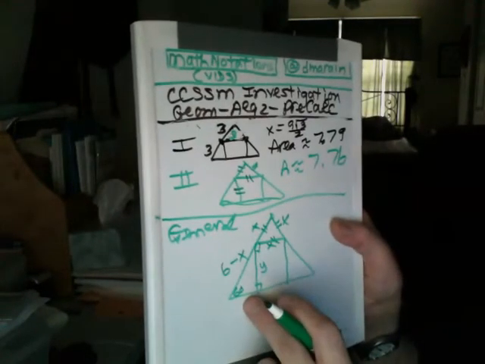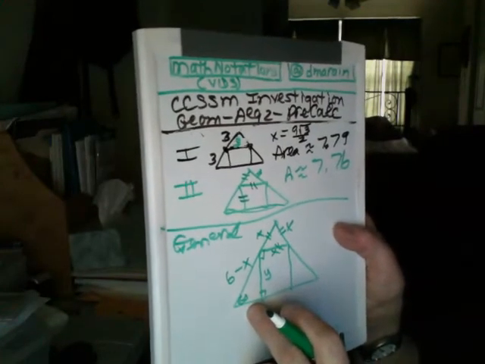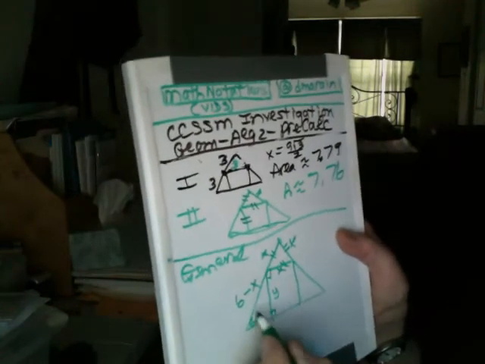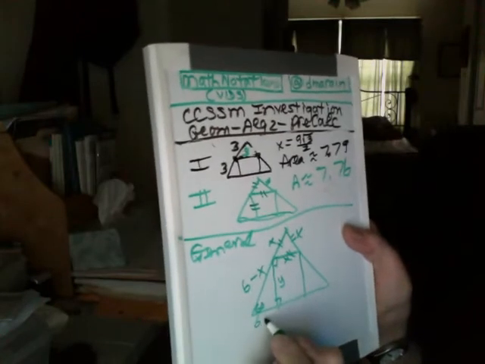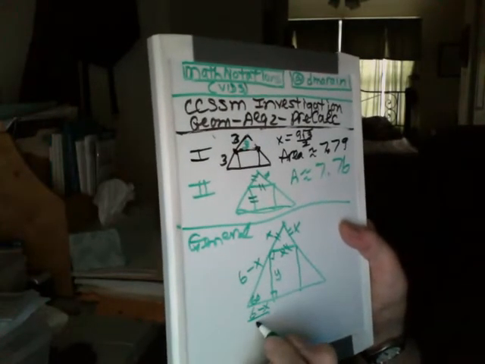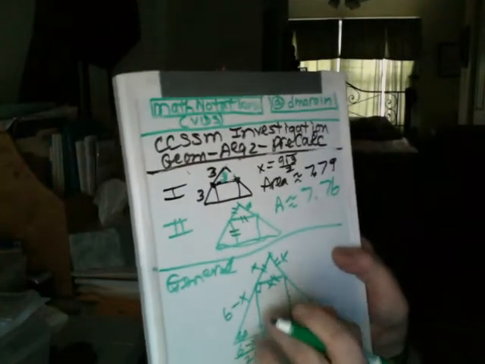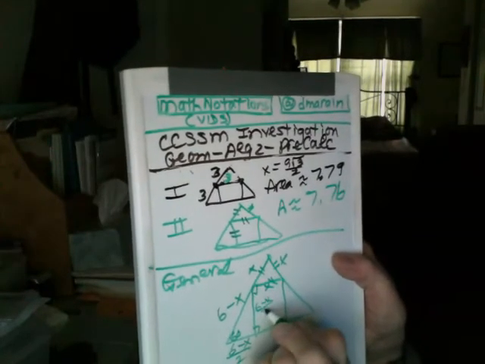So we're going to use the same approach we used in case 2 with the square, and we're going to say this is 6 minus X over 2, and our height is 6 minus X over 2 times the square root of 3.